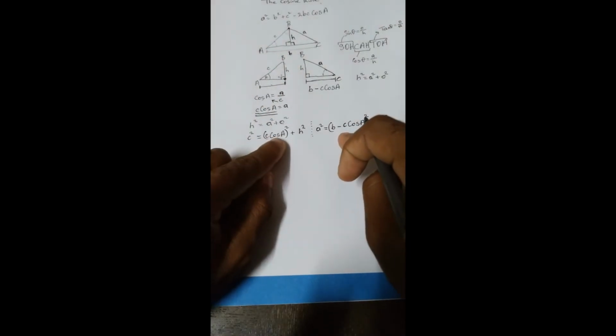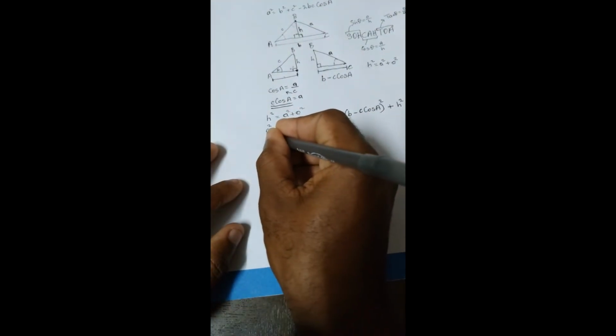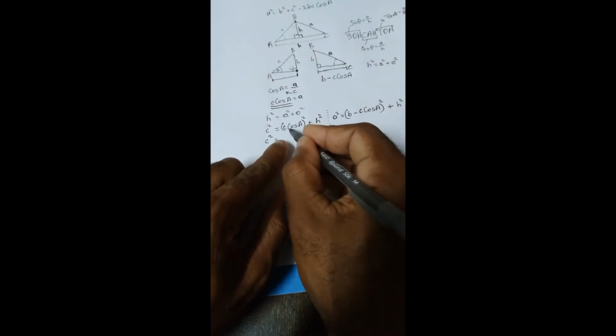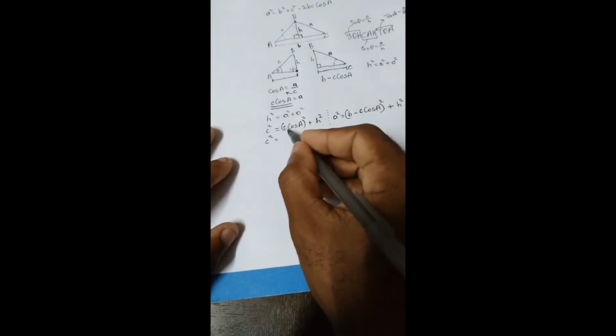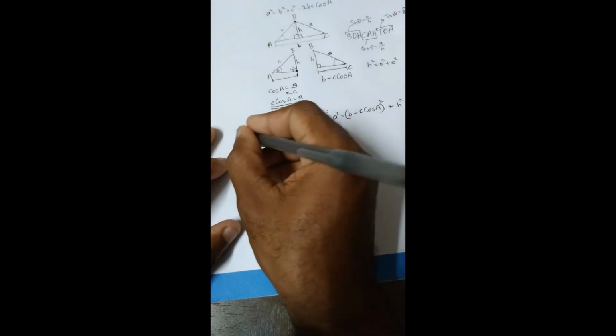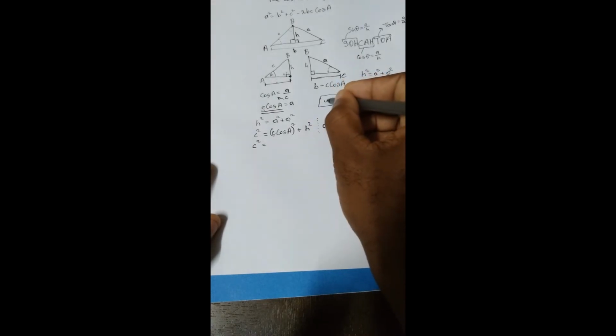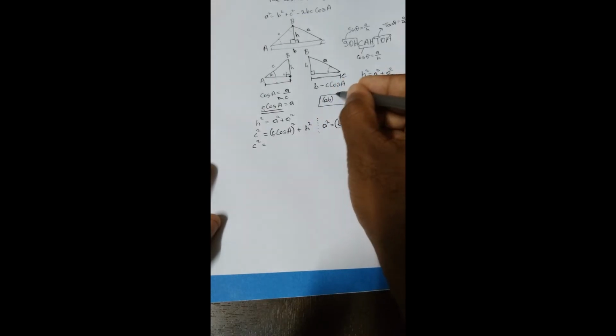Now I'm going to simplify both equations. So let's see what we're going to have. We're going to have c squared equal to, this is basically AC. So right here we have c cos A. If I have ab all squared, this is the law of indices.